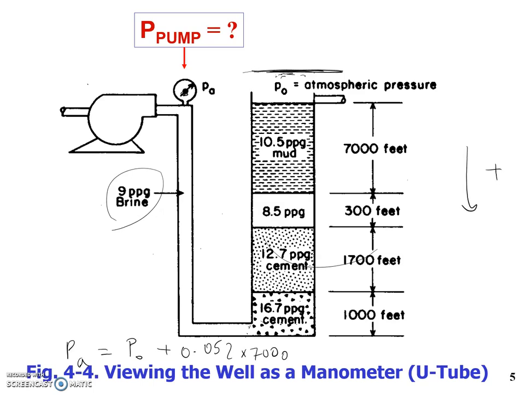Down direction is plus, up direction is negative, right? 7,000 multiplied by the density, and so on and so forth until you get to this point. So once you get to this point, the law of hydrostatic pressure is that if you have fluids at the same depths, then they have the same hydrostatic pressure. So you can basically from here directly move to here and go up.